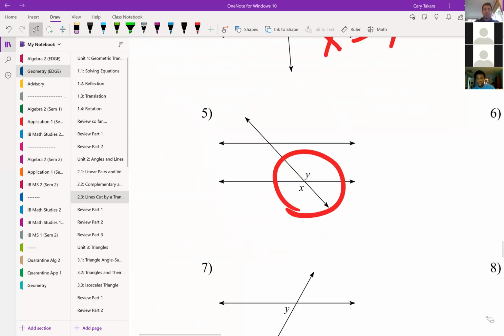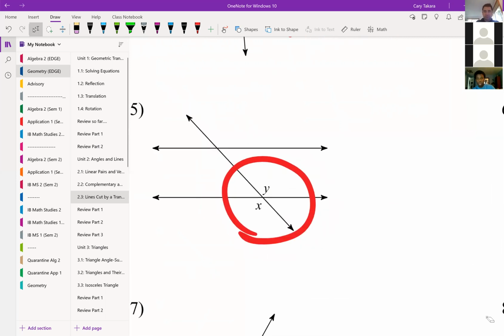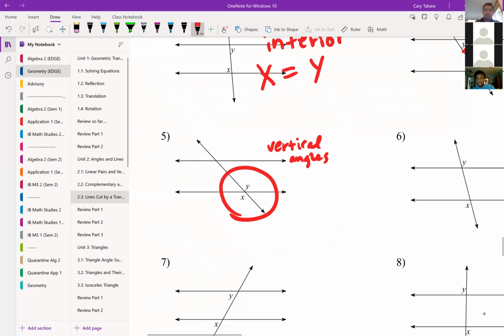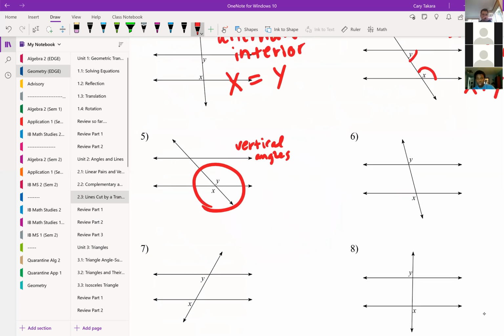It is vertical angle. And what do you know about vertical angles? They are the same. They are congruent. So X equals Y.